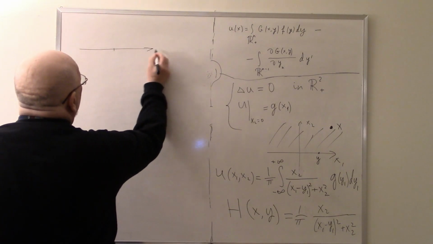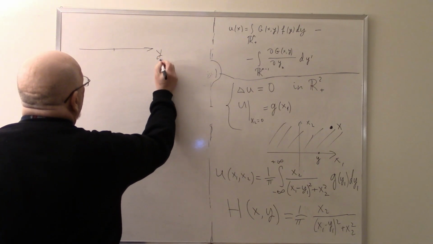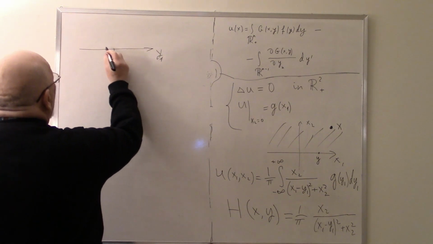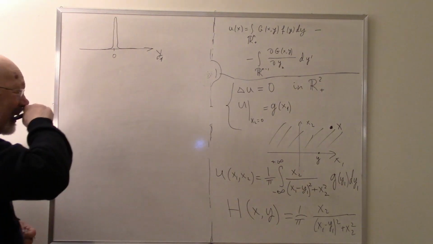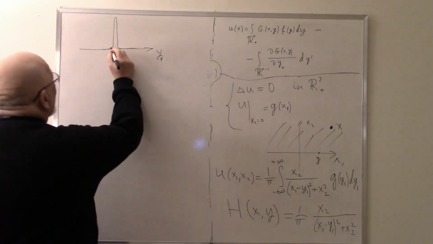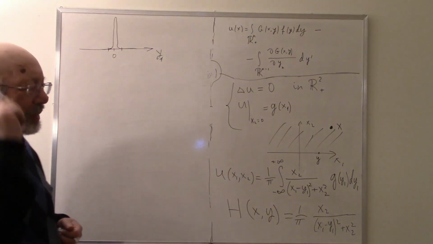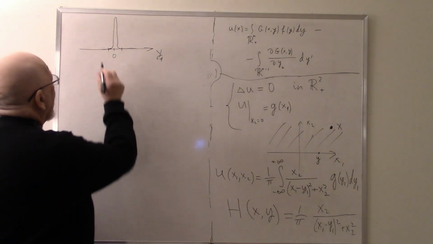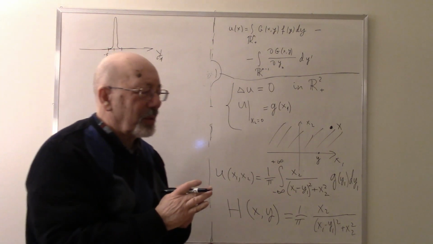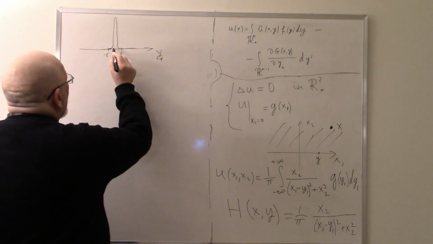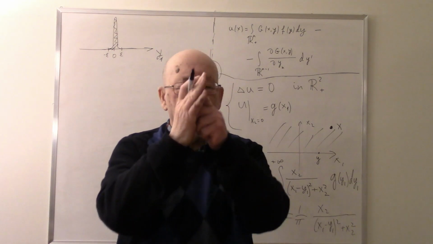Imagine that you have the function g on the axis y1, and suppose we have a function like this. Its support, where it is non-zero, is from minus epsilon to epsilon, and when epsilon goes to 0, the integral of this function, this area, remains equal to 1.